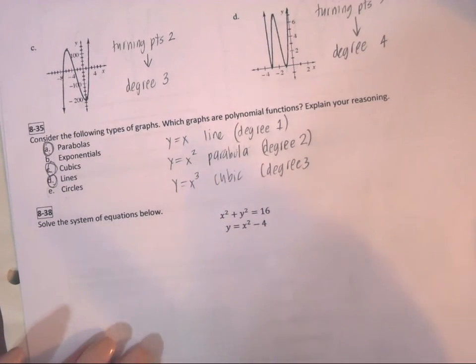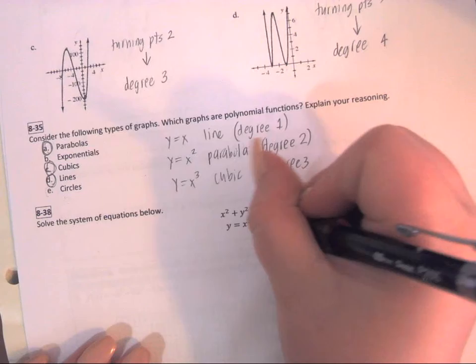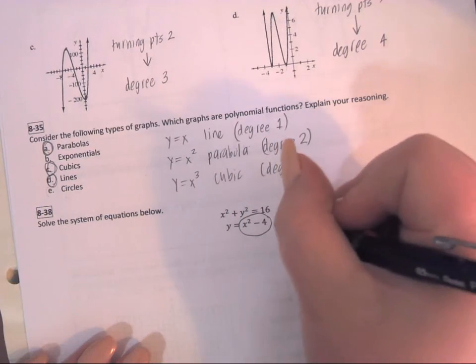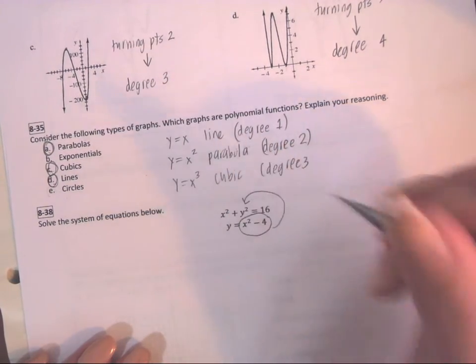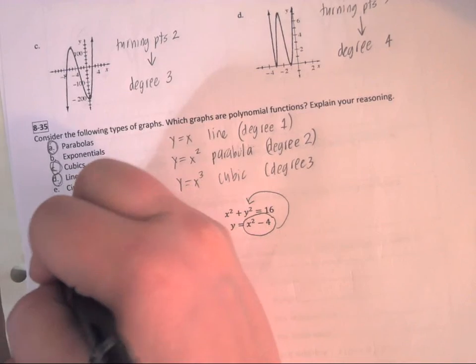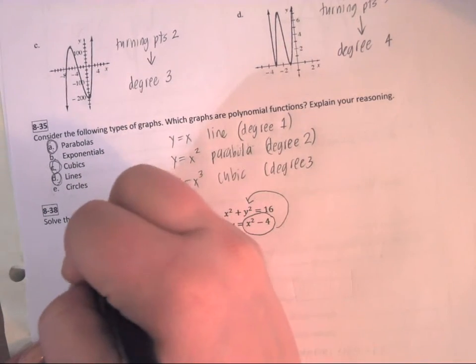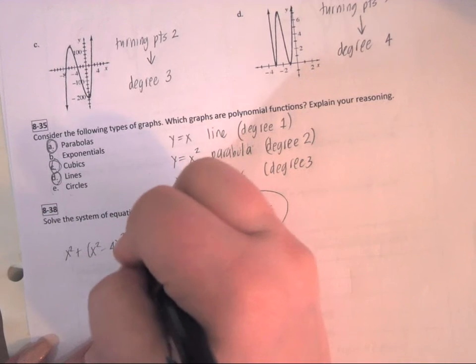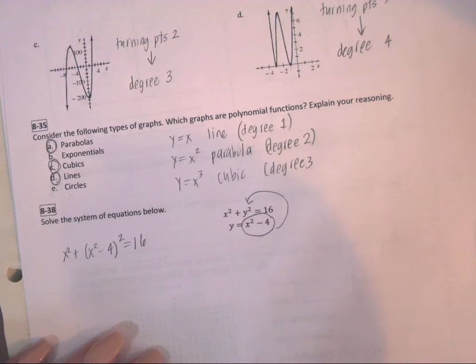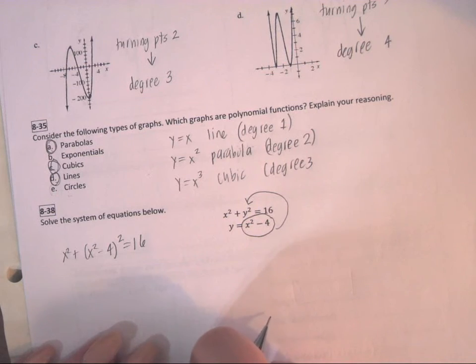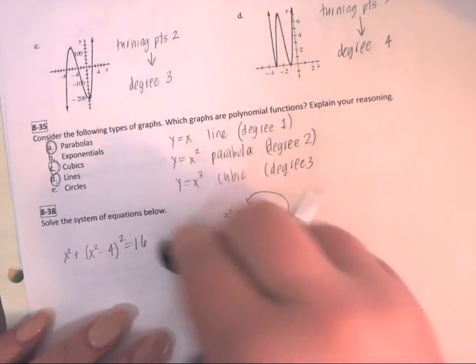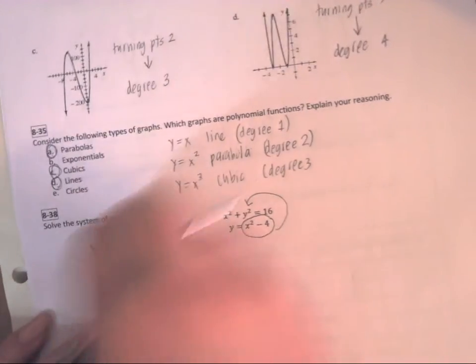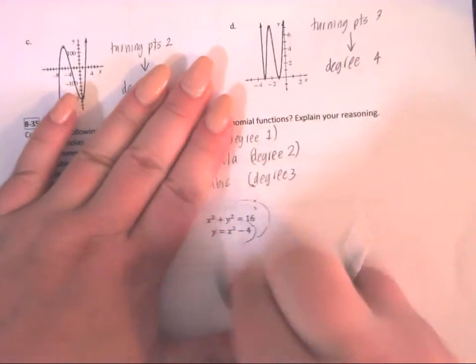Okay, so solve the system of equations below. The best way is to solve by substitution. So plug this in for y here. So then you get x squared plus x squared minus 4 squared equals 16. Oh, actually, that isn't the easiest way, because what happens is you get to the 4th power.